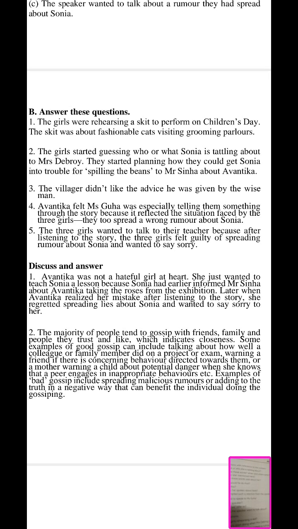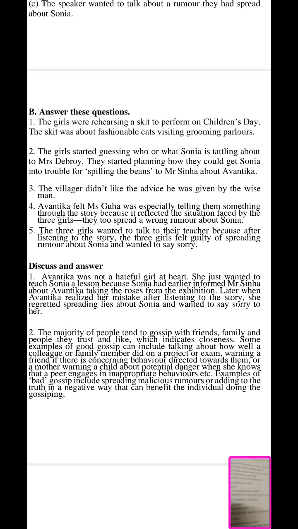Some examples of good gossip can include talking about how well a colleague or family member did on a project or exam, or warning a friend if there is concerning behavior directed towards them, or a mother warning a child about potential danger when she knows that a peer engages in inappropriate behaviors, etc.